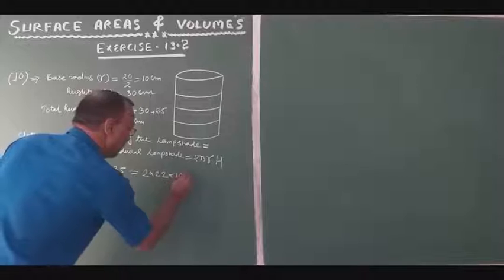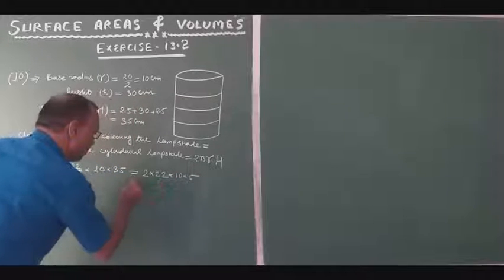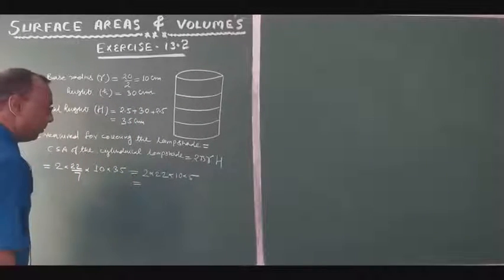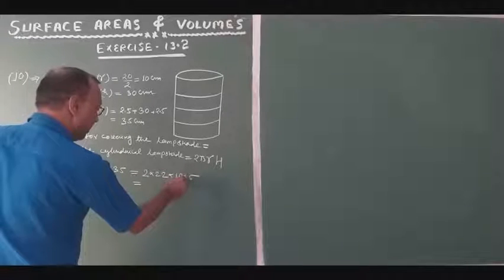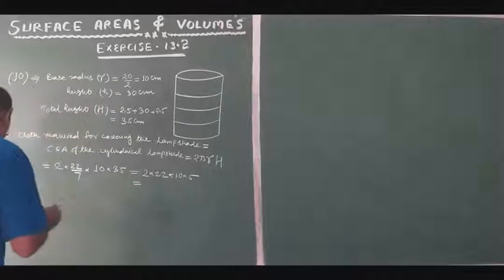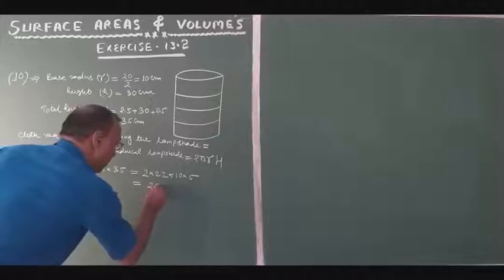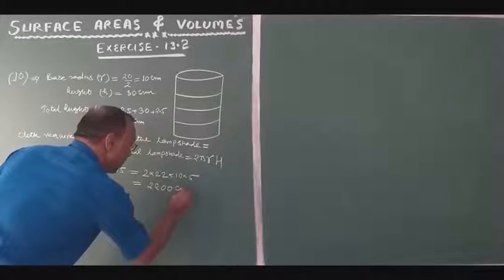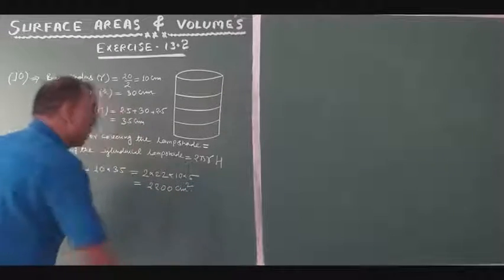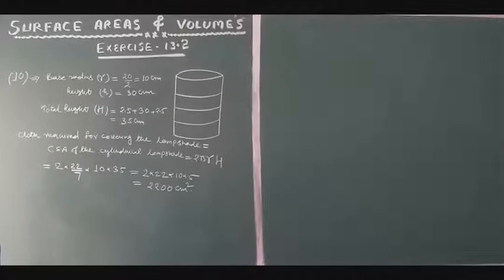When you divide, it becomes 10 into 22 into 10, that is 2200 centimeter square. This is the total cloth required for covering the lampshade.